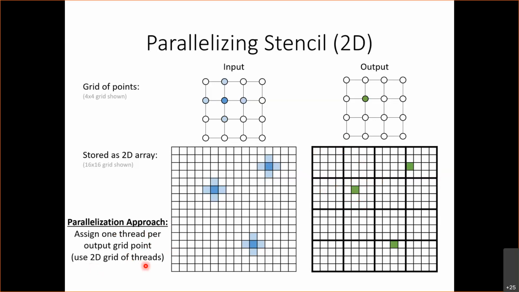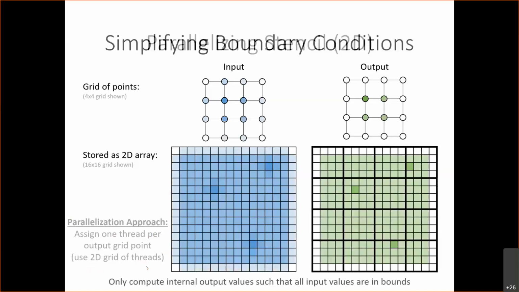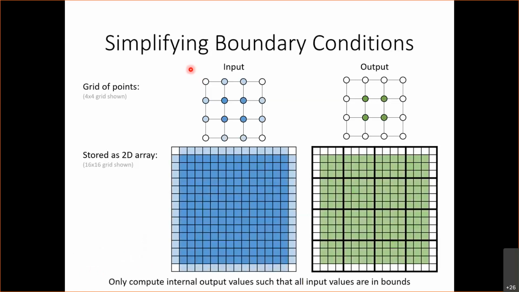Now, one thing I'm going to do is make a simplifying assumption that we're going to carry out throughout the course. To simplify the way we deal with boundary conditions, if we have some input array, we're only going to compute the stencil for the internal output values, not the values of the boundary. This ensures that the input values that we access are always inbound.